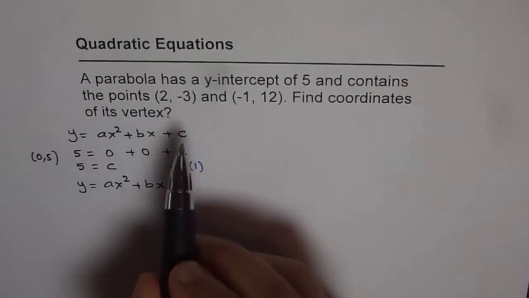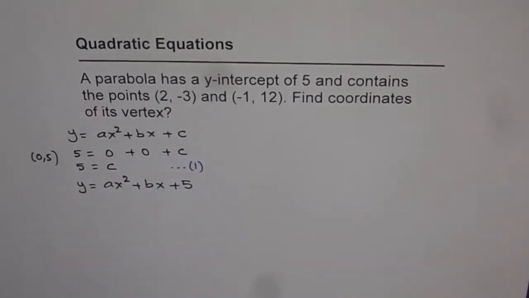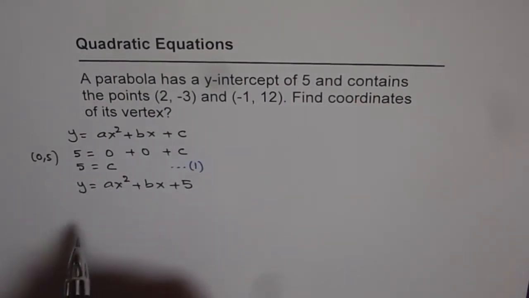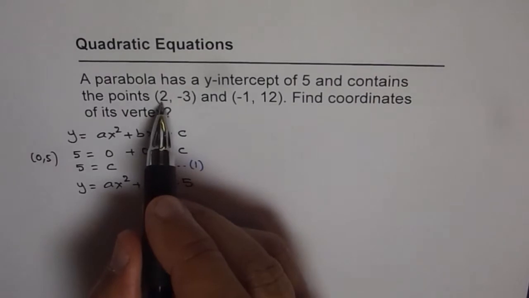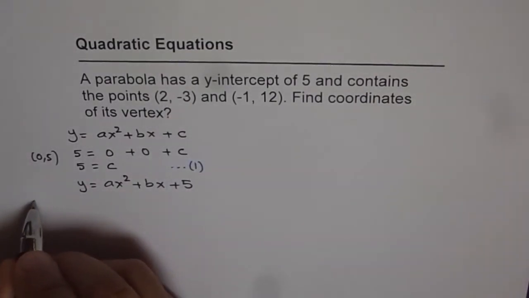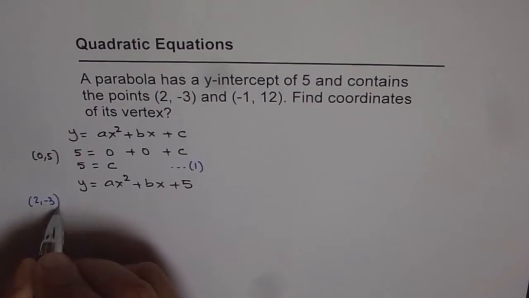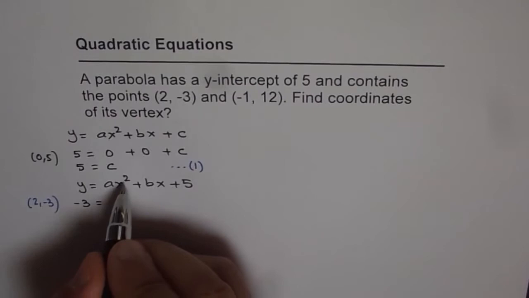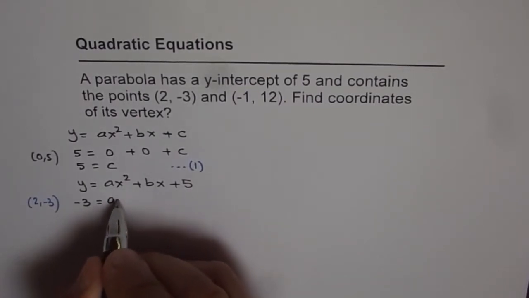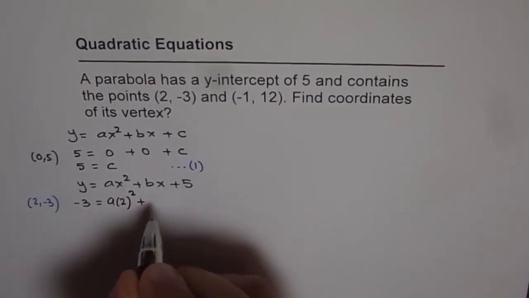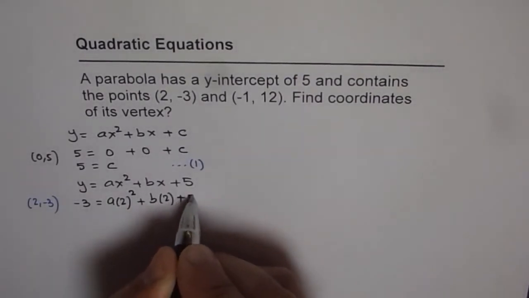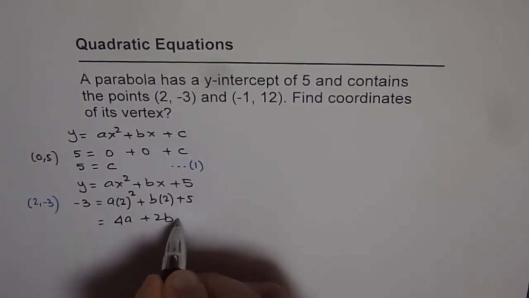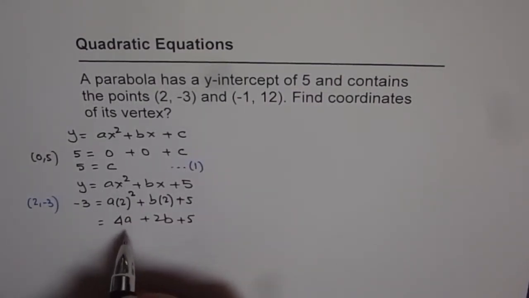Now we have our equation as y = ax² + bx + 5. In this equation we can plug in the other 2 points and get 2 more equations. Then from those 2 equations we can solve for these 2 variables, right? So let's substitute 2 for x and -3 for y. We get -3 = a(2)² + b(2) + 5, which is 4a + 2b + 5.